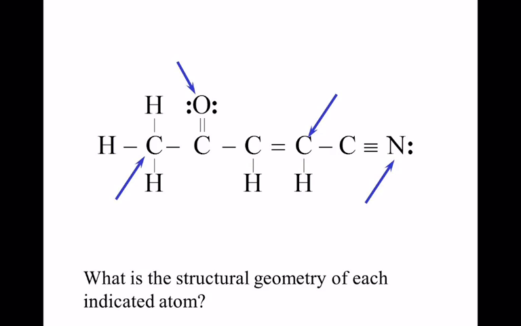In this case, we're after structural geometry. But when I have to answer questions about this, what I actually do is first come up with hybridization, or just which row am I going to go with? So I'm looking at 4 sigma bonds, no lone pair electrons. So what would be the geometry there?